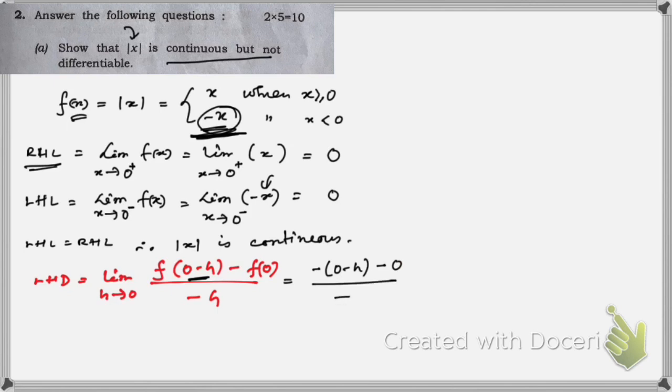So that's going to be equal to plus h by minus h if you simplify this, right? So then here you will get minus 1.